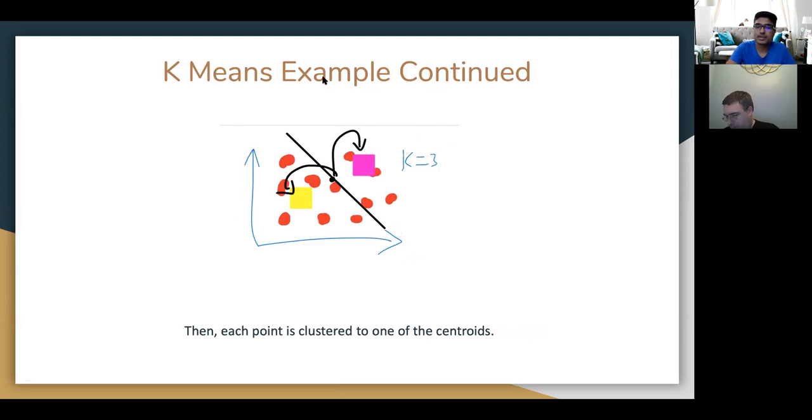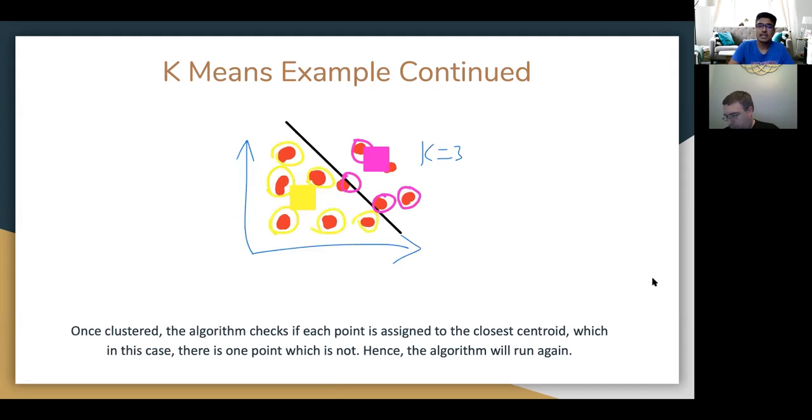Looking at the 3 nearest points, because we have our k value of 3, our algorithm clusters each point. If you take a look at the circle which I made around each data point, we can see that most of these points are correctly classified as yellow or pink. All the points nearest to yellow are classified as yellow, and all the points nearest to pink are pink.